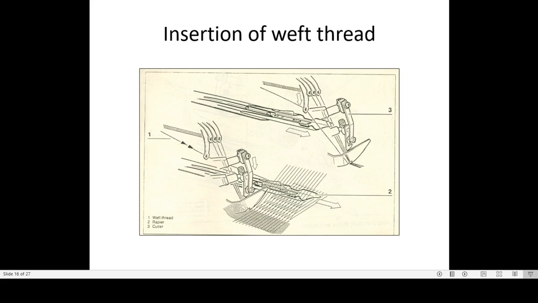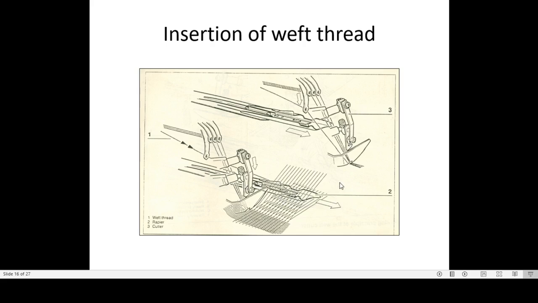In this element, the additional element we have seen is the cutter. The bottom cutter is fixed, only the top cutter is jumping. So the bottom part of the cutter is fixed. When the weft comes here, we have given a timing cycle for when the weft has to be cut. After the weft has started insertion, the weft has to be cut here so that the leading end will be ready here.